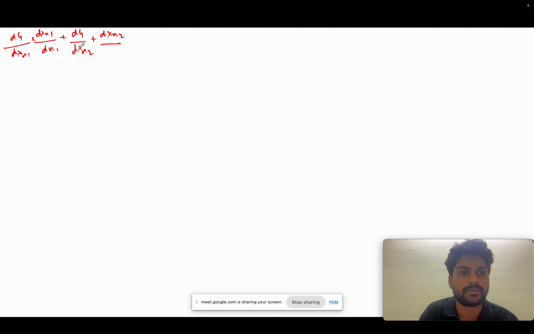Don't assume this is a subscript, this is lambda into n1 and lambda into n2. Here lambda, it is equal to g of T, P, n1, n2. Now if I apply the chain rule here, d lambda will get cancelled. So now you will get n1 into dj of dn1 plus n2 into dj of dn2.